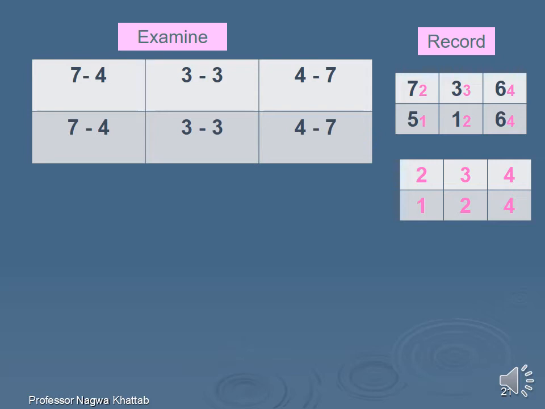Then I examine all the teeth and record the worst. Suppose the 7 had the highest score here and takes 2. I will record 2. Here the canine takes the worst score, 3. I record score 3 here. And so on.